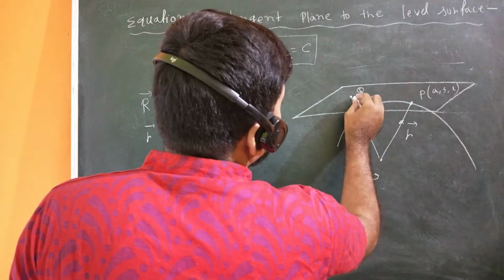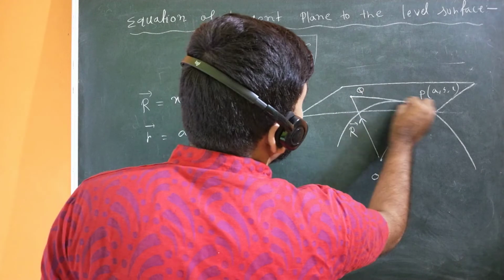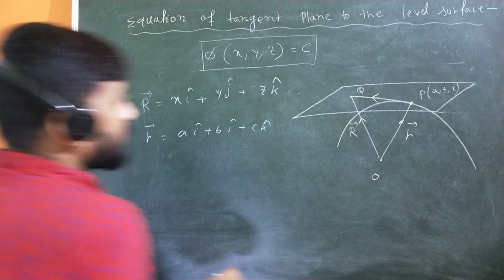Now what is the equation of the tangent plane? If you take the position vector of Q with respect to P, that will be the PQ vector on the plane. What will be the PQ vector?